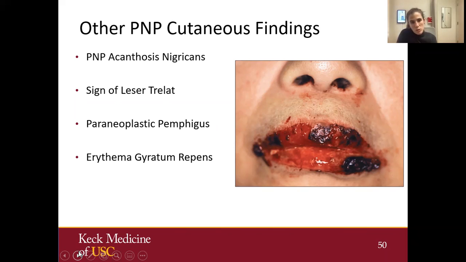And it has an underlying association with several malignancies. It can be non-Hodgkin's lymphoma, CLL, Castleman's tumors, and we worry about them developing BOOP and dying from BOOP, bronchiolitis obliterans.